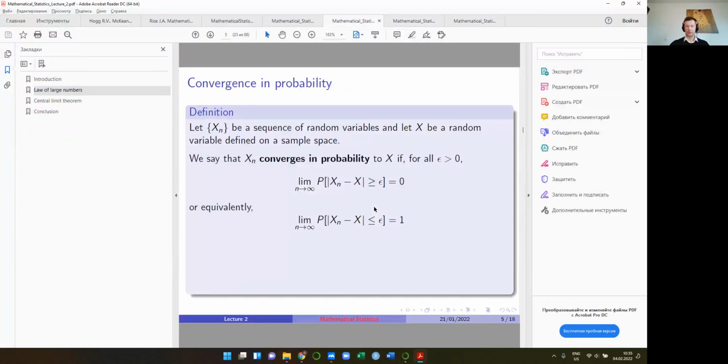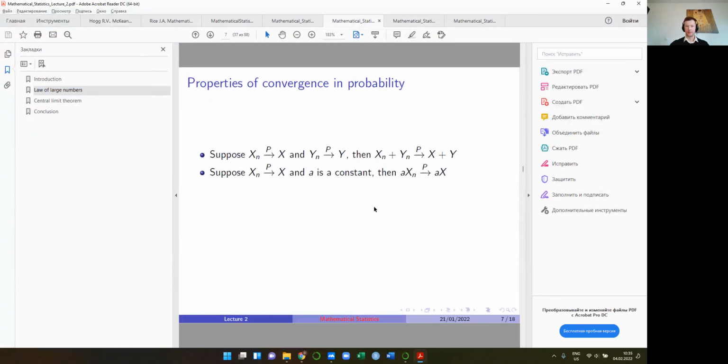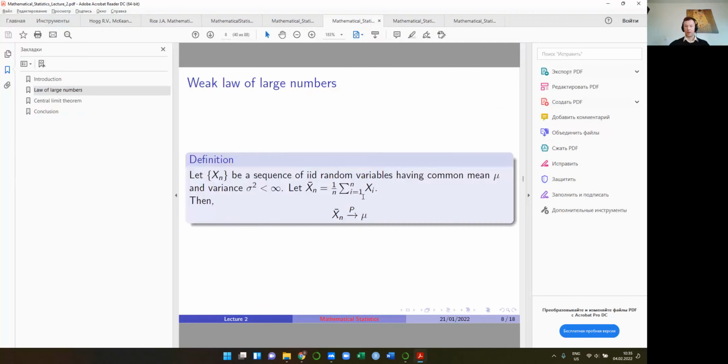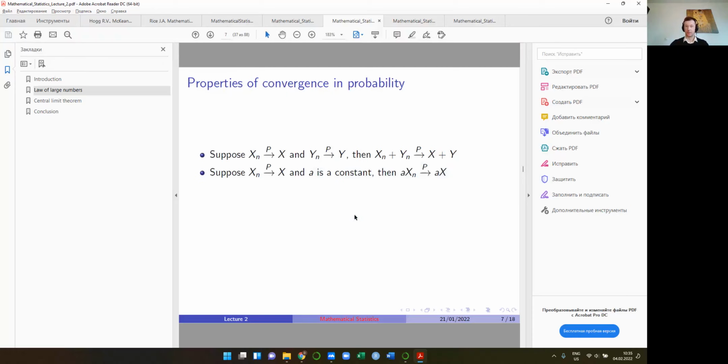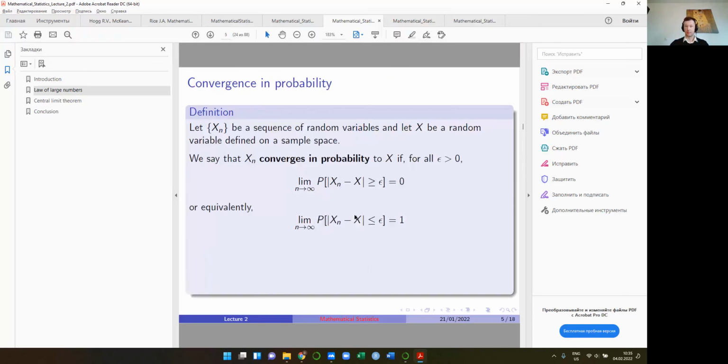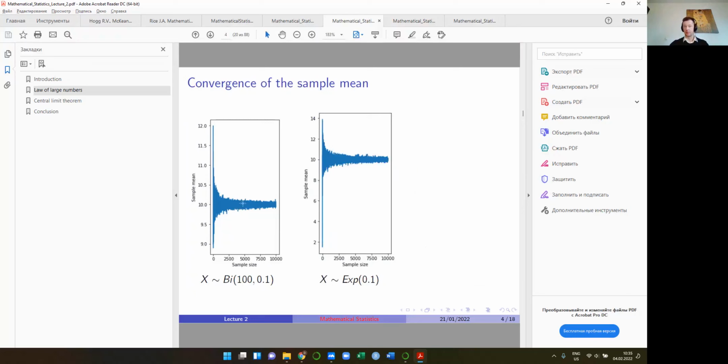Originally, the weak law of large numbers said that when the sample size increases, the sample mean converges in probability to the population mean. What does this mean, converges in probability? That the probability that the sample mean will deviate from the population mean by some small fraction tends to 0. Right? The illustration was given here, exactly with this graph.